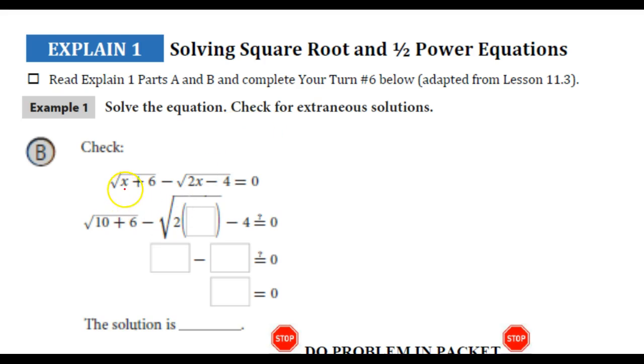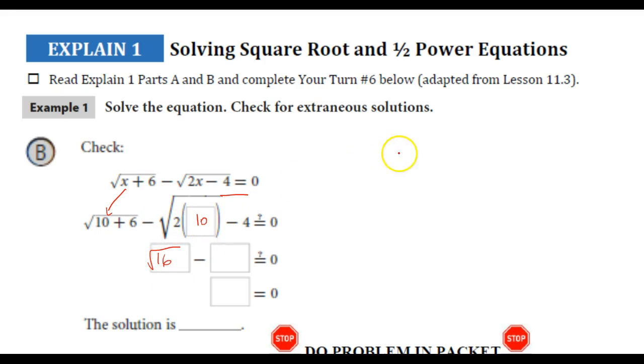We're going to check to see if this is actually a solution. So if I plug in 10 instead of x, we're going to see if this actually works out. So that would be 10 plus 6 is 16. We're still going to square root that.